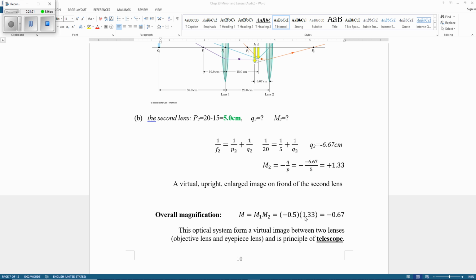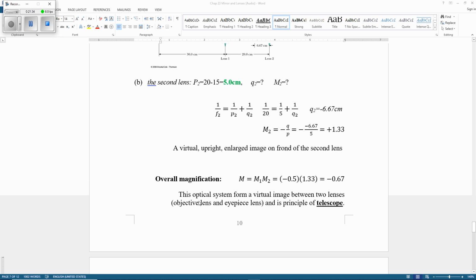So overall smaller, the negative means inverted, and the image is going to be virtual. This optical system forms a virtual image between the two lenses. Usually we call the first one the objective lens, and the second one the eyepiece lens. And this is the principle of a telescope.